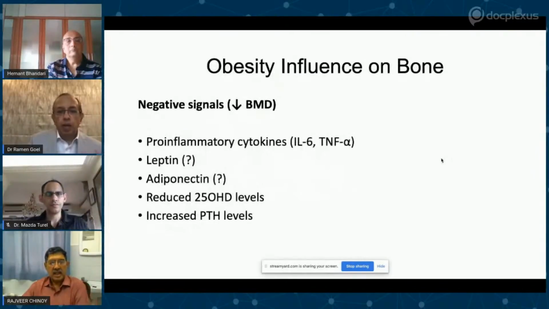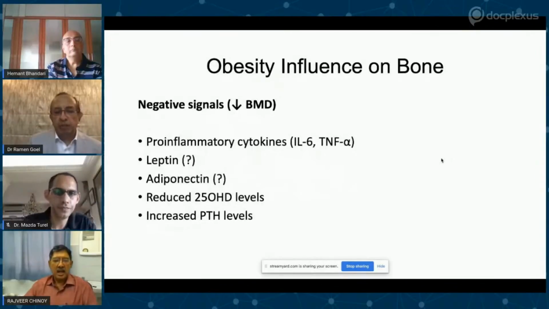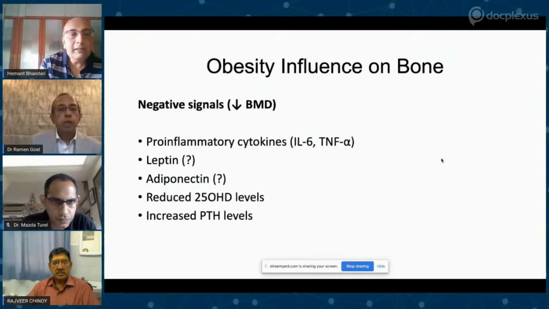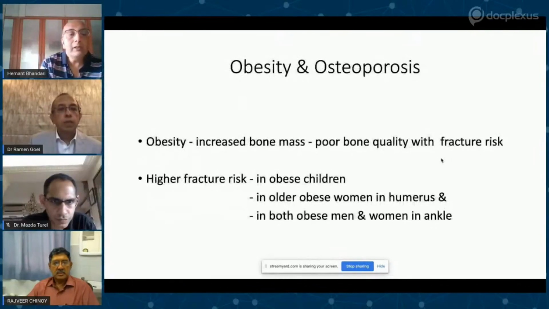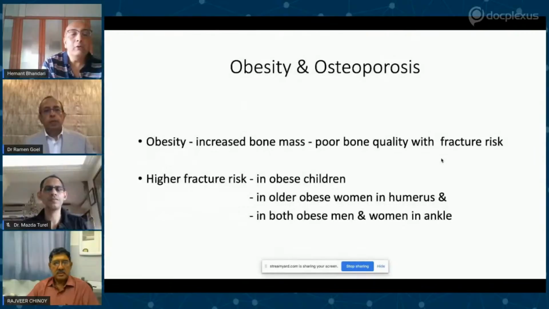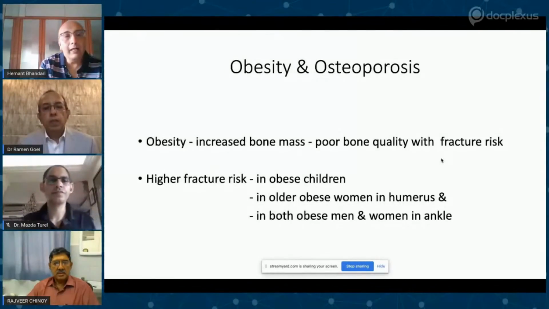So Dr. Bhandari, how do we explain this? What happens to the bone ultimately? I mean, Dr. Chinoy is saying overall it's negative. So what happens to the bone in somebody who has gained weight? See, as Rajveer said, those who are muscular tend to be better in bone strength, but those who tend to be obese with a high amount of fat tissue, I think there are these metabolic changes taking place which are affecting the bone quality. And these are all newer studies.